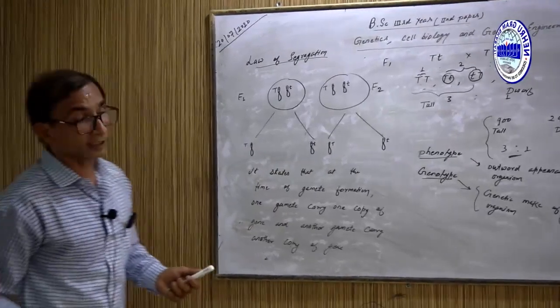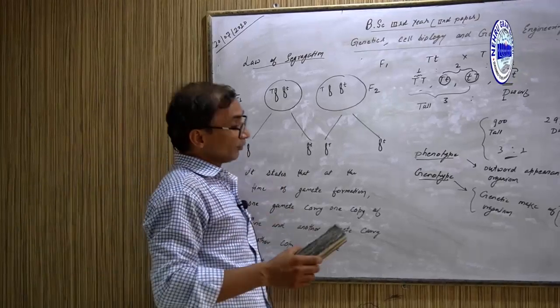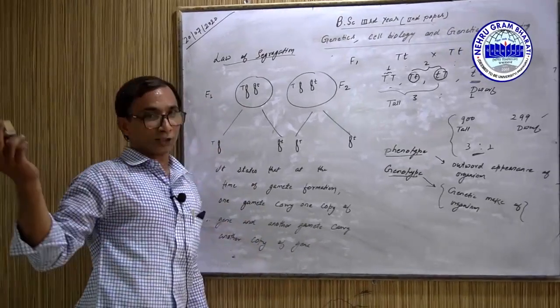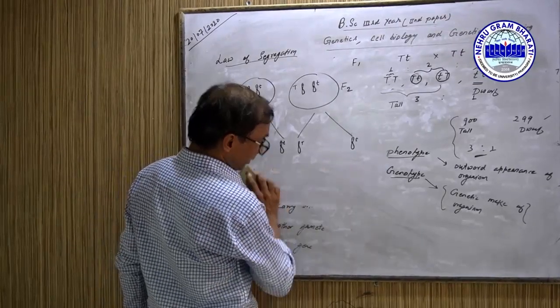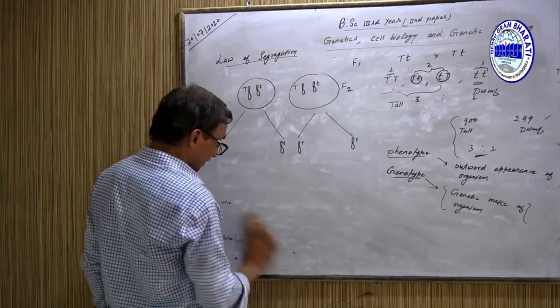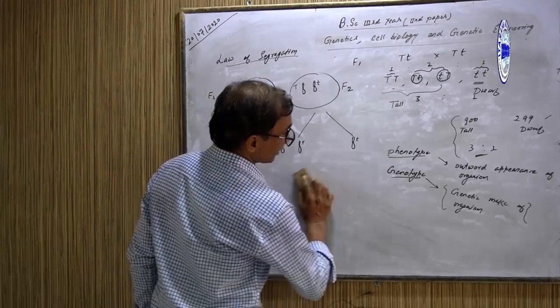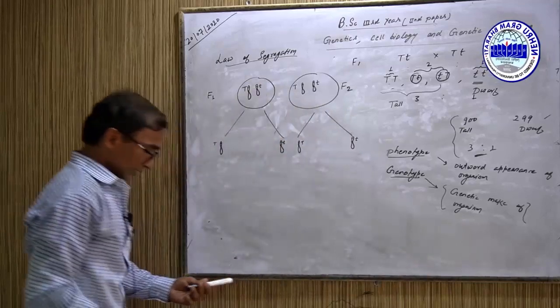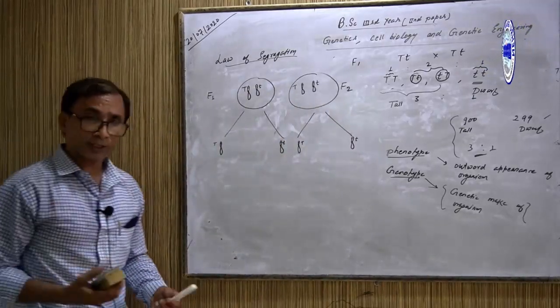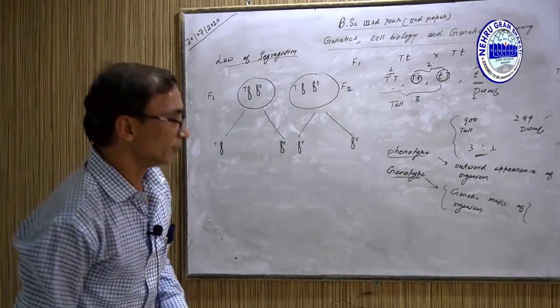Again, a very fantastic thing comes to reality when we talk about the law of independent assortment. But before going through the law of independent assortment, let us use a certain method of representing, through which you can calculate the phenotype and genotype very easily.